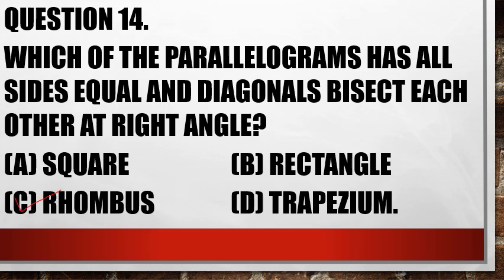Square is also correct. A square is also a parallelogram, its diagonals bisect each other at right angle. But rhombus is the greater family of quadrilaterals. So rhombus will get first preference.